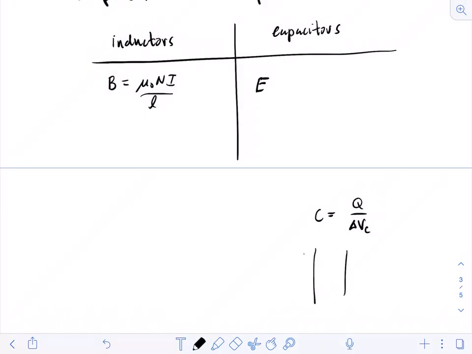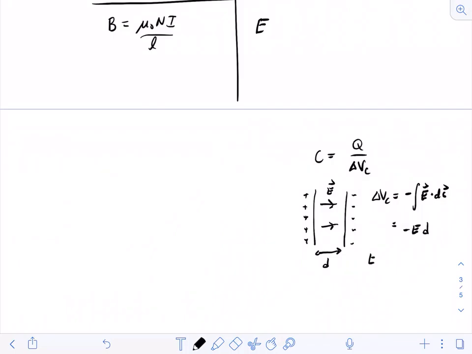If we had a positive plate here and a negative plate here, then we would have an electric field that would point from positive to negative, and the voltage across a capacitor is minus the integral of E dot ds, and so if the distance between the capacitor plates is d, then we're going to get minus E times d.